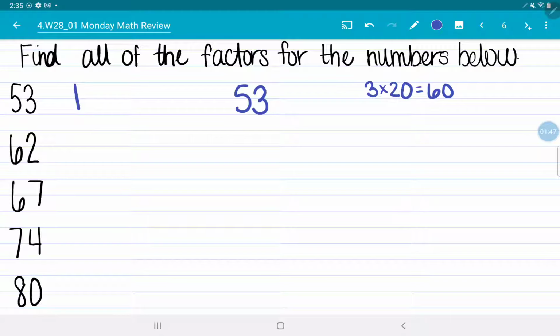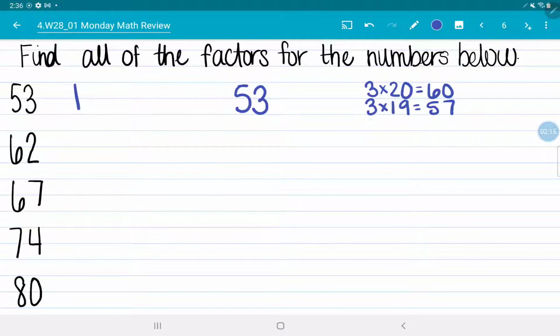So I can go back to 3 times 19, which is 57. That's still a little more. Take back another 3. So if I go 3 times 18, that'll be 3 less, which is 54.